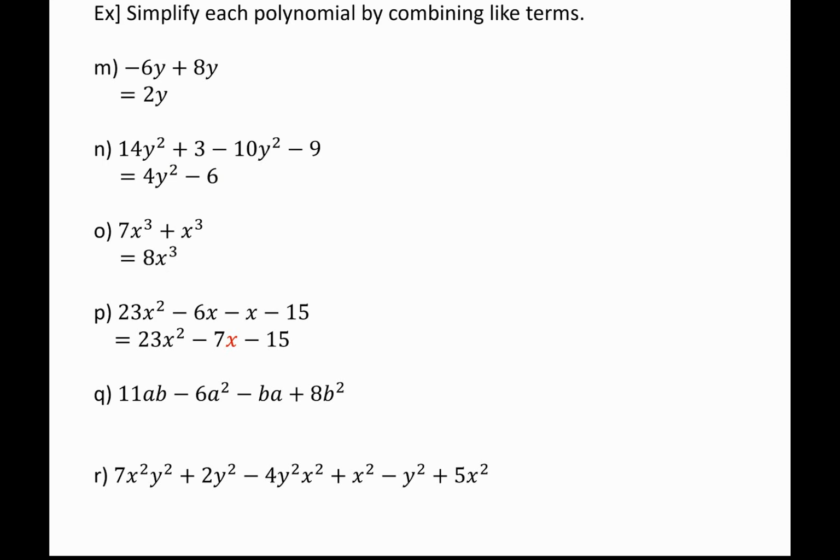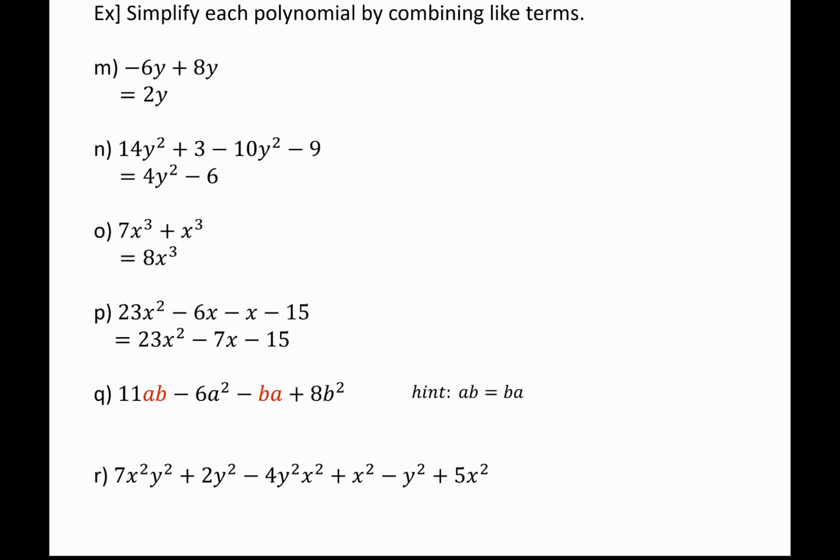That's your final answer. Now for example Q, we got a little bit of a tricky thing going on there. Do you guys see the tricky thing? Notice that the first and third terms are technically like terms, right? Because multiplication is commutative. AB is actually the same as BA. So we can highlight those as like terms, even though they don't look exactly the same from the get-go.